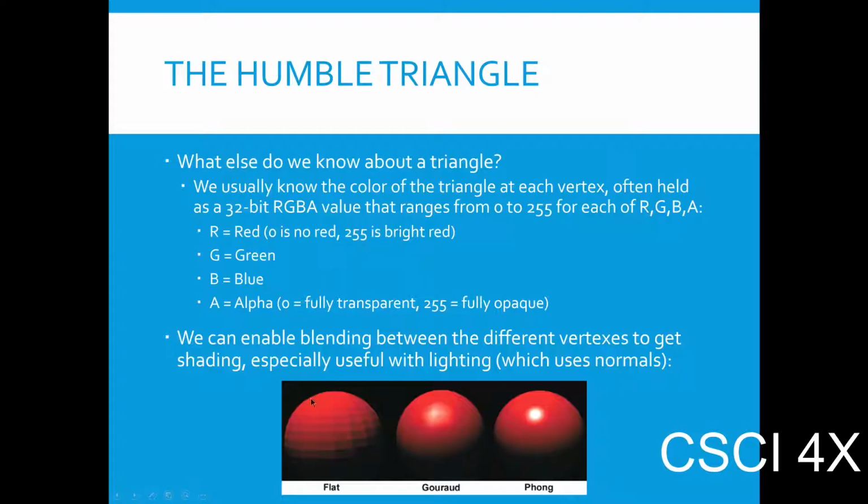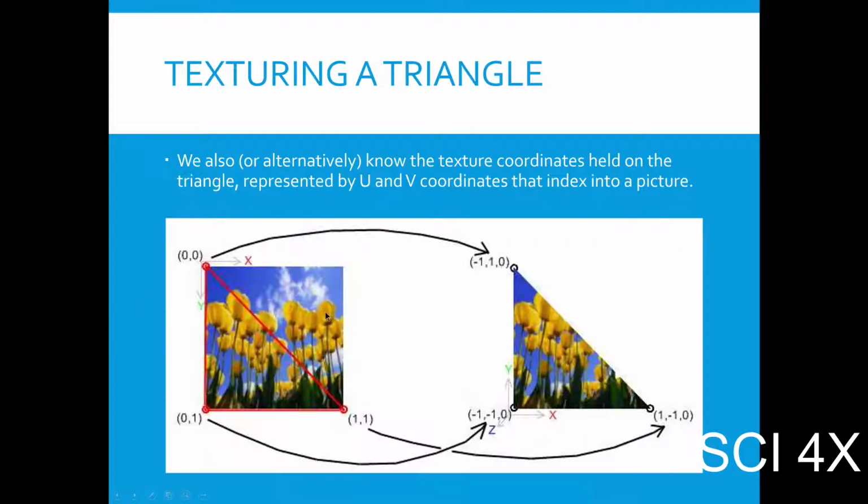So then if you want to step up from just a solid color, we did this in Unreal Engine, right? We started with a solid color and then we applied a texture to it. So texture is just a picture. And so you can choose to apply a picture to a triangle. And so if you have a picture of daisies on disk, it's just a little picture. It's like a Windows XP background or something like that.